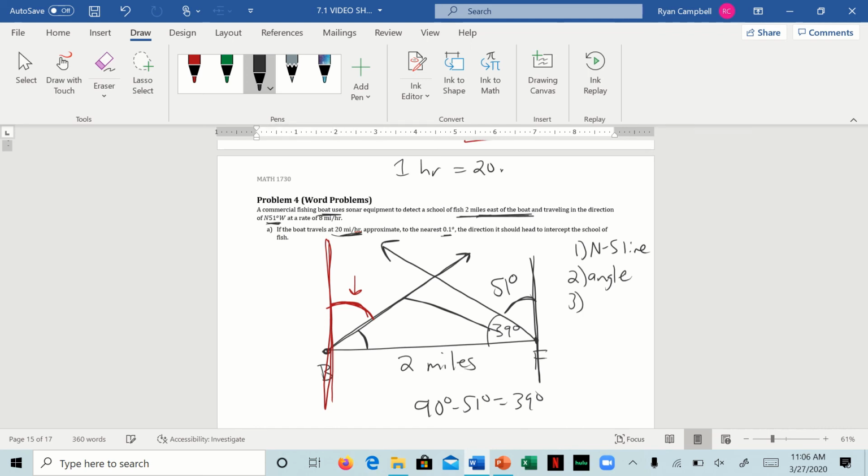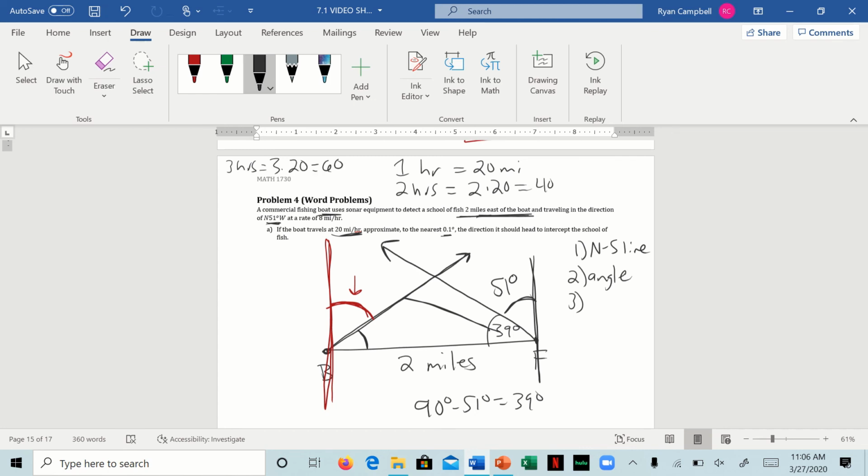Obviously 20 miles. If it was 2 hours, how much would it be going? Hopefully we said 40, because that's 2 times 20. What if it was 3 hours? It'd be 60, 3 times 20.